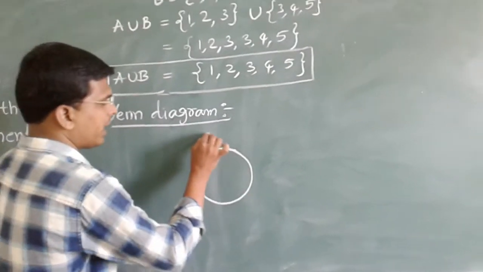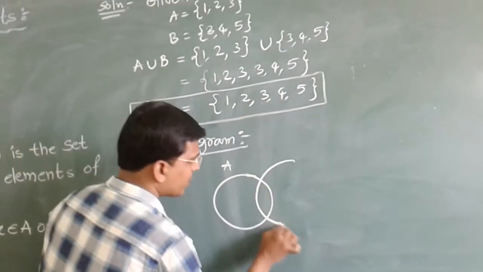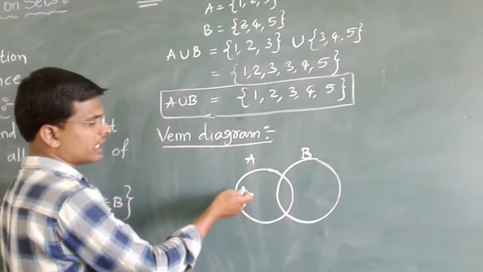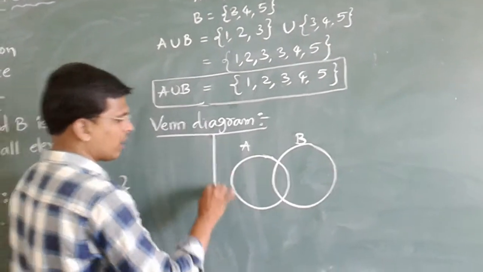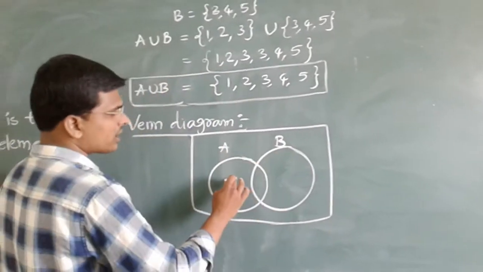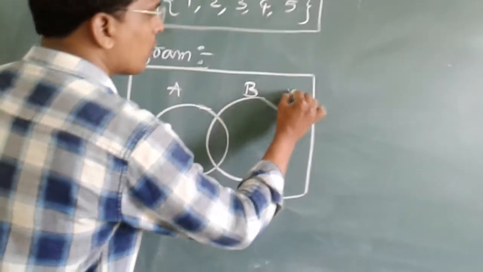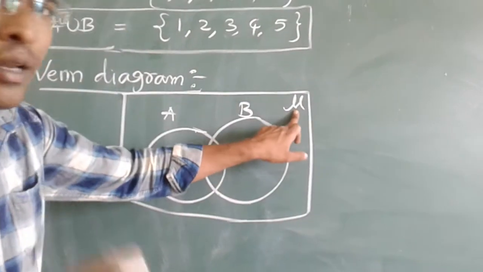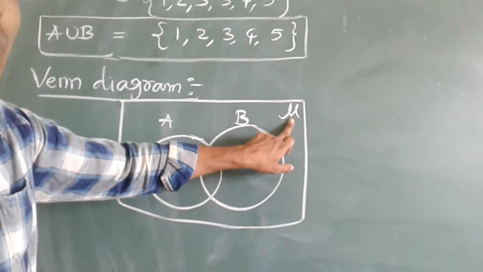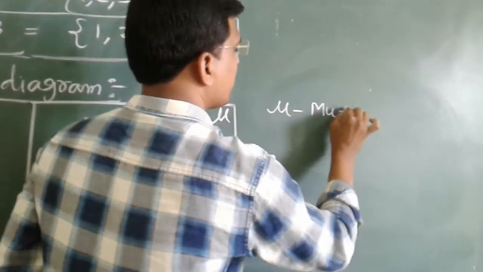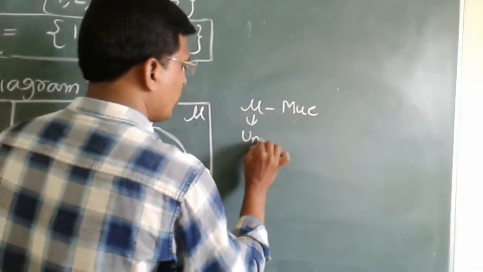This is set A and this is set B, and the whole rectangle is the universal set. This is the symbol mu, and you can call it the universal set.